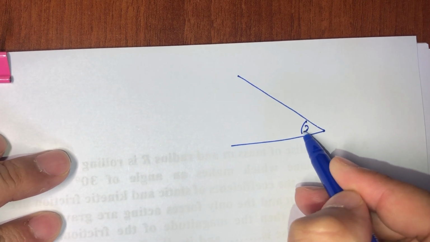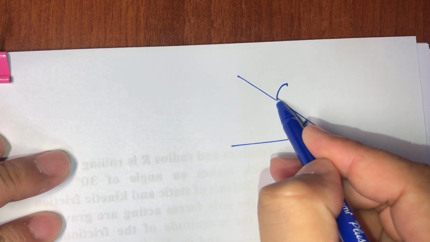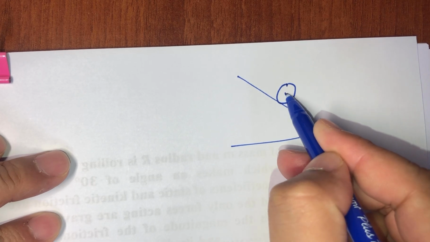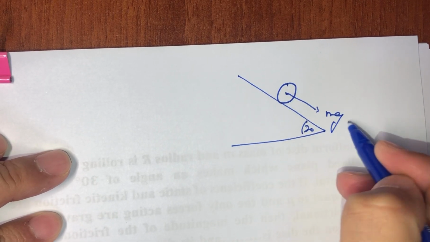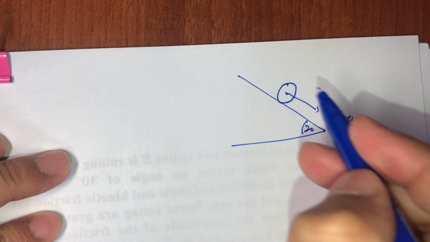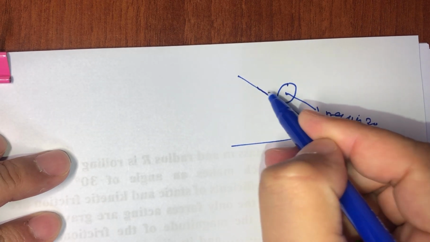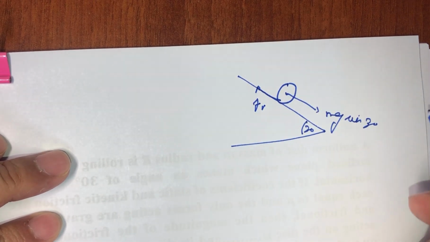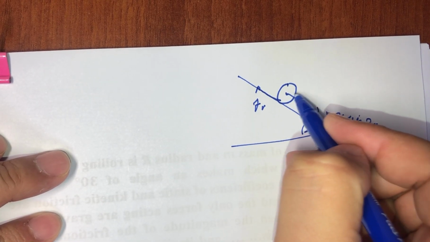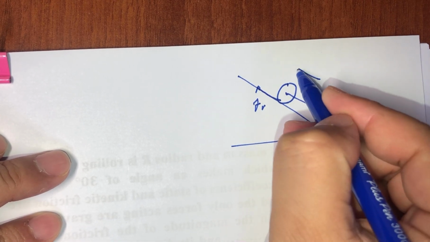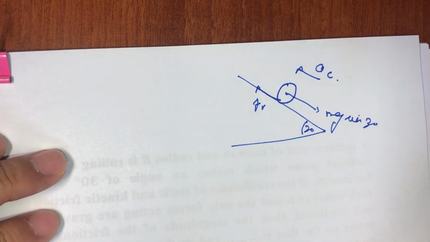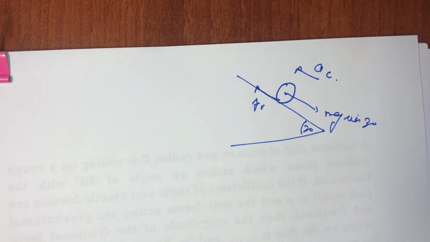So the angle is given as 30, and we have mg sine 30, and the frictional force is acting up the inclined plane, and we said that the center of mass is having a deceleration of AC, and its mass is given as m.